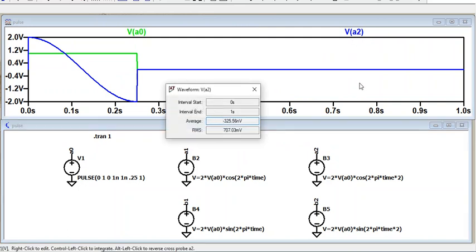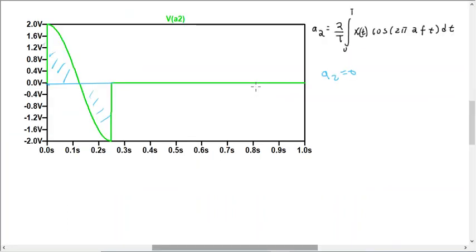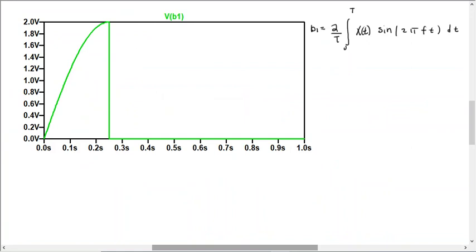And left click on that. And 325 nanovolts is effectively 0. So here, again, I can do the triangle method, or I can draw a box. This way it's a little easier to see, right?